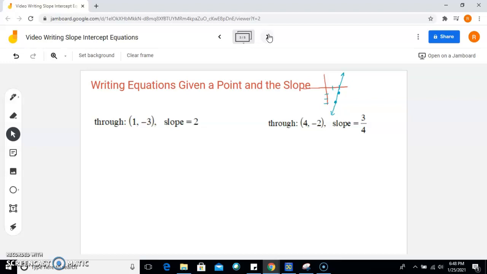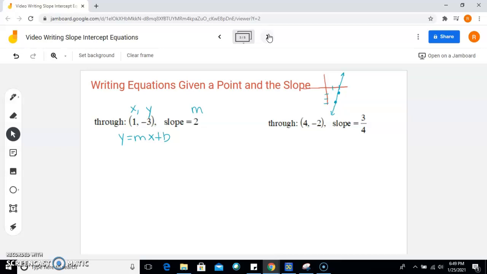I know that my slope is m, and anytime we have an ordered pair, it's x, y. So I'm going to use my formula y equals mx plus b, and I'm going to solve for b. All we're going to do is substitute in everything we know.